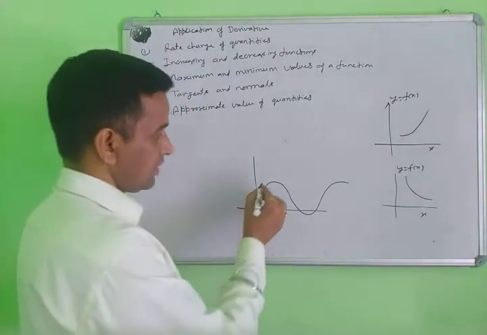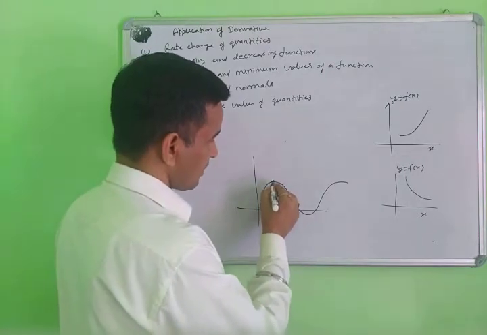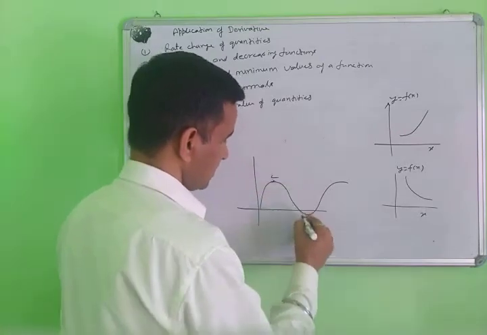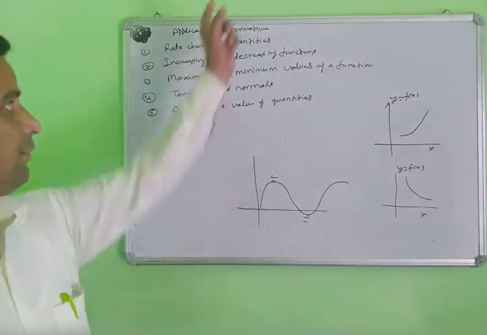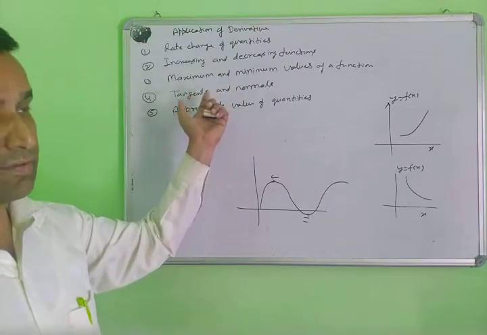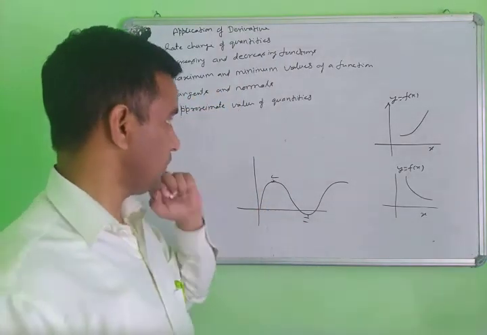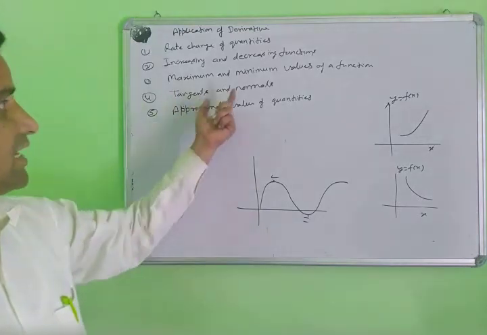So what is the name of this point? Suppose this is the maximum value and this is the minimum value. These points we will study in maxima and minima: at which point the function has the maximum value, and at which point the minimum value.